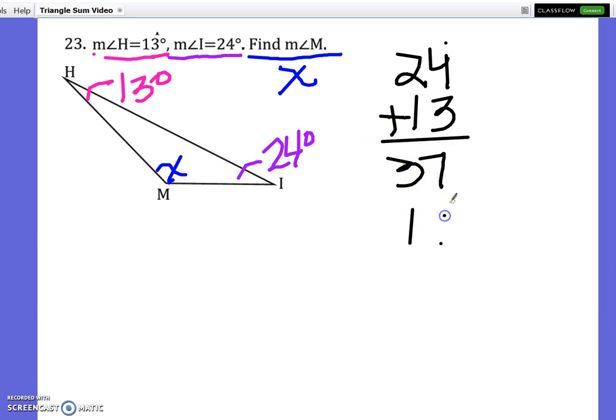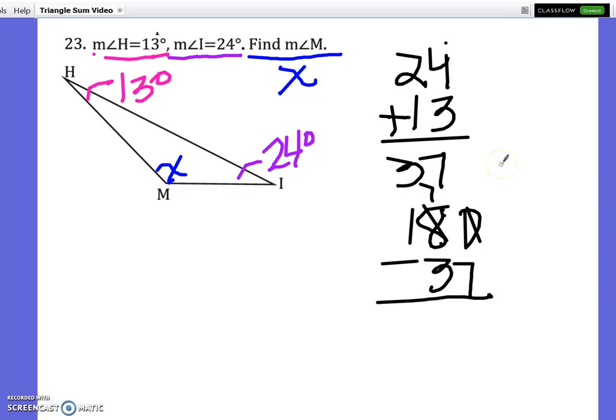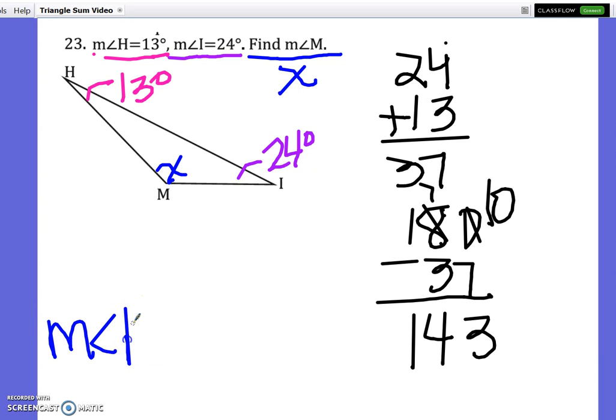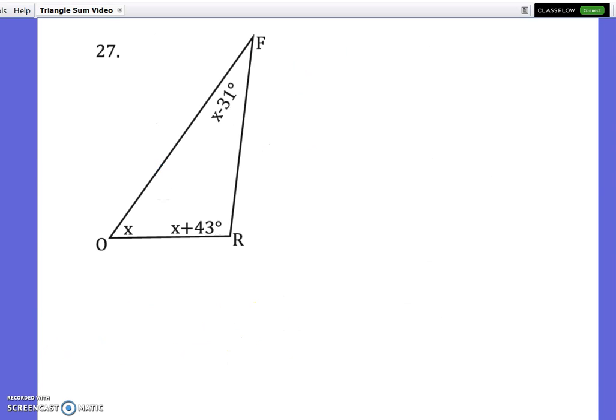Then I do 180 minus 37. 180 minus 37 is 143. All right, so I can finish this up and say the measure of angle M is equal to 143 degrees. All right, so let's do another one.